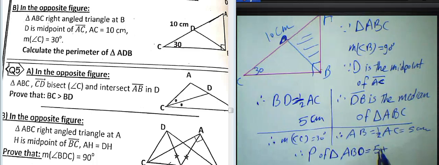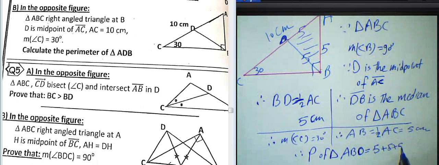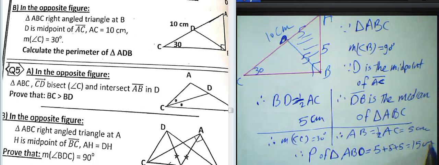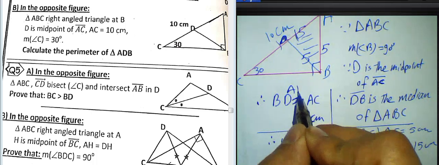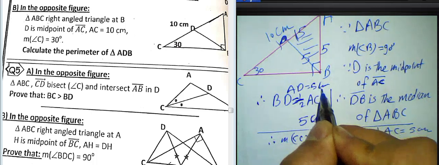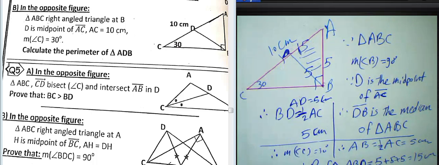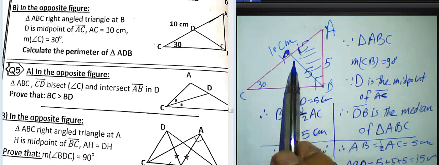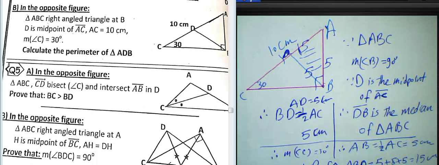The perimeter of triangle ABD equals 5 plus 5 plus 5 equals 15 centimeters. And we have AD equals 5 centimeters, because D is the midpoint of AC, 10 divided by 2 equals 5. Here BD is half of 10 equals 5 centimeters, and AB is half of 10 equals 5 centimeters.